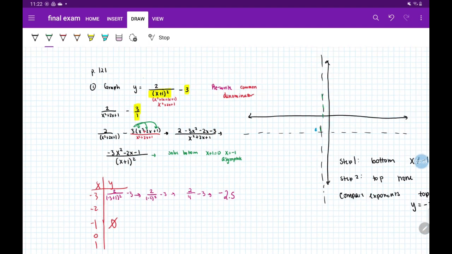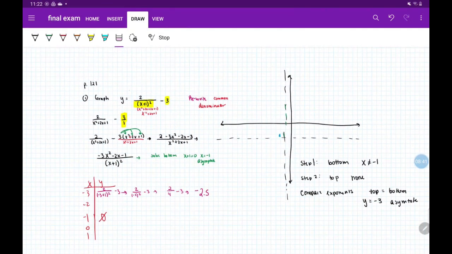Then you have to solve the top. So I'm going to see if it factors real quick. If I take a negative 1 out, 3x squared plus 2x plus 1 multiplies to 3 and adds to 2. The top does not factor, so there's none.